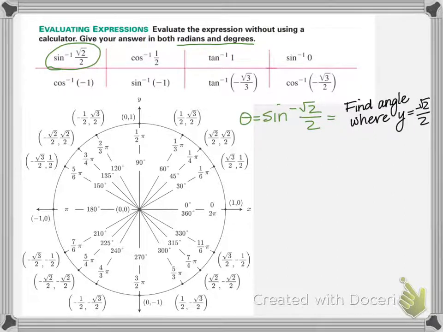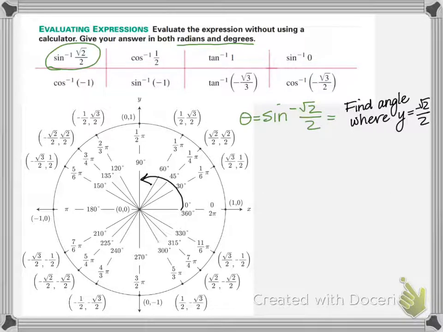Okay, but let's establish where sine inverse is. Sine inverse we established was going to be here in the first quadrant or here in the last quadrant. Do you remember that?